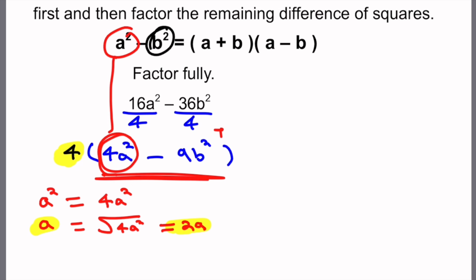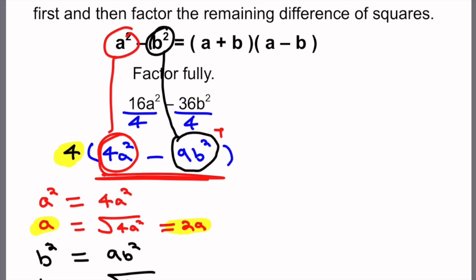So b squared would be equal to the 9b squared. Let's solve for b, square root this thing. Square root of 9 is 3. Square root of b squared is b. There we go. So they both are perfect squares, and our b is equal to 3b.